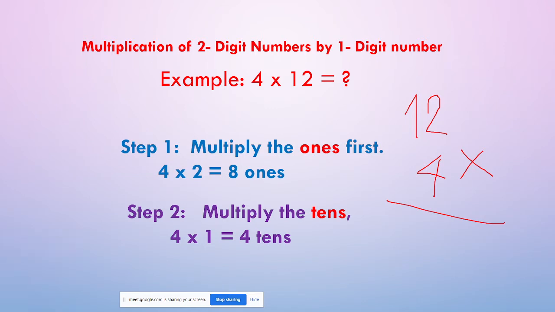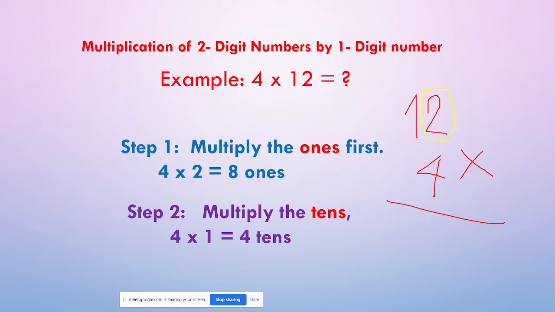In number 12, what is the digit in the ones place? 1 or 2? What do we mean by ones place? Here, you have 12. So what is in the ones place? It is 2.